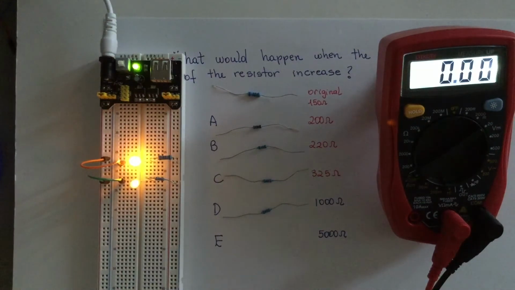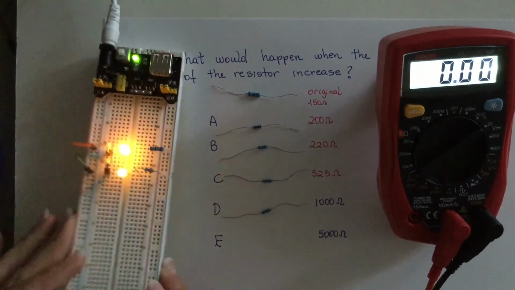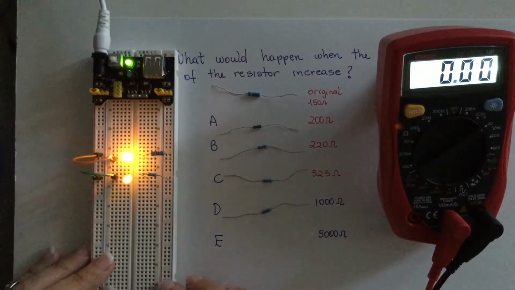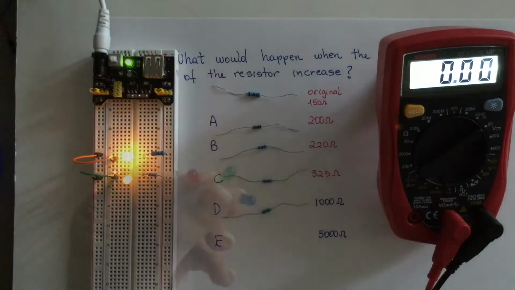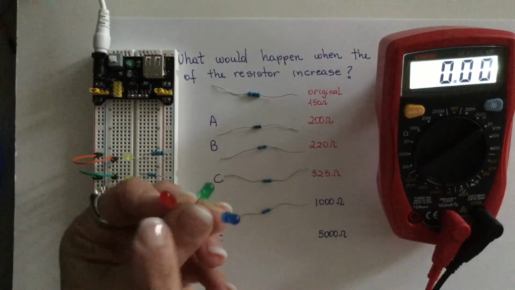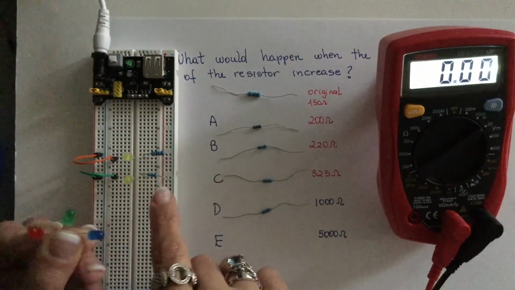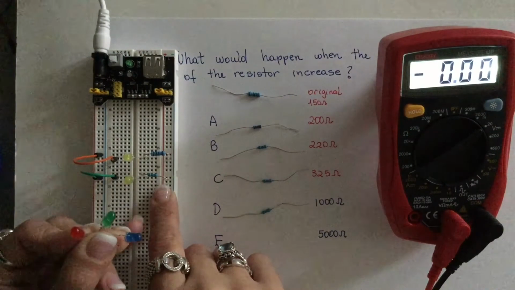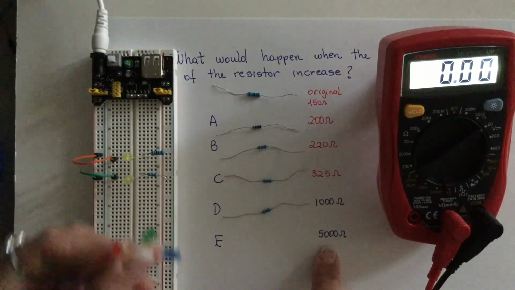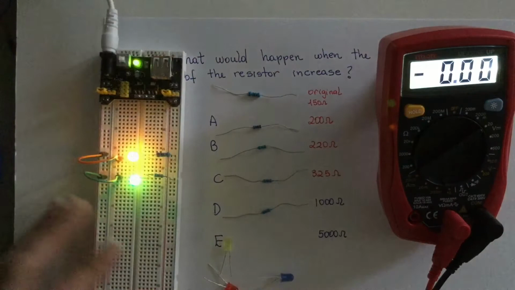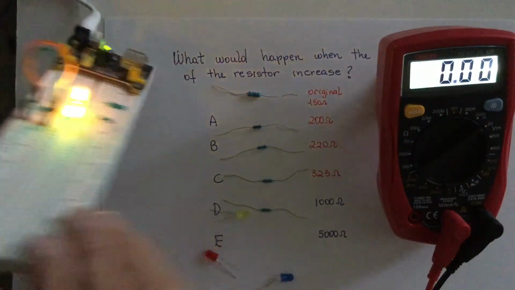So let's say you are running a lab and you don't have a specific resistor. As long as the value that you have is above, and you don't mind having a dimmer light like this one, that should be fine. Now, before I end this lab, I just want to know how these other colors will respond to such a high resistor of 5,000 ohms. So let me check. This is the green light.